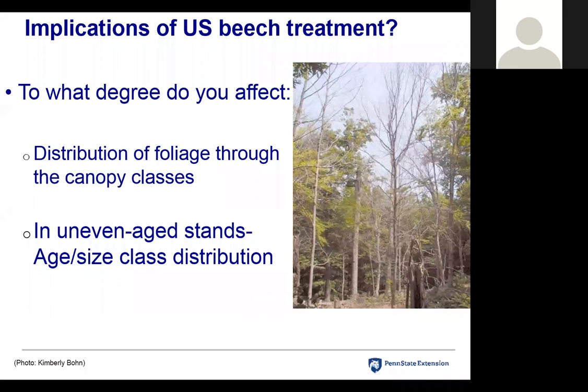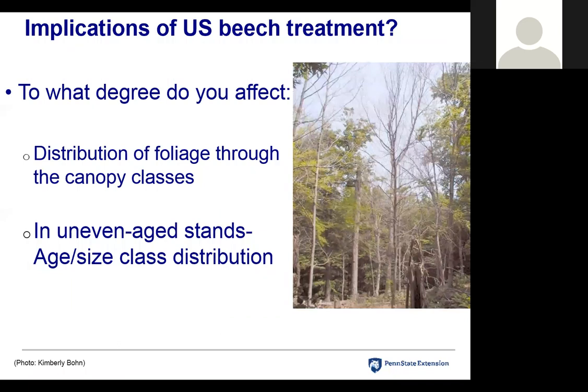This was another picture where it wasn't just understory. There was some mid-story beech hack and squirt and cut stump treatments. You can see it pretty much opened up the entire stand. In this case it almost looks like a regeneration method. It's not even an understory treatment at this point.